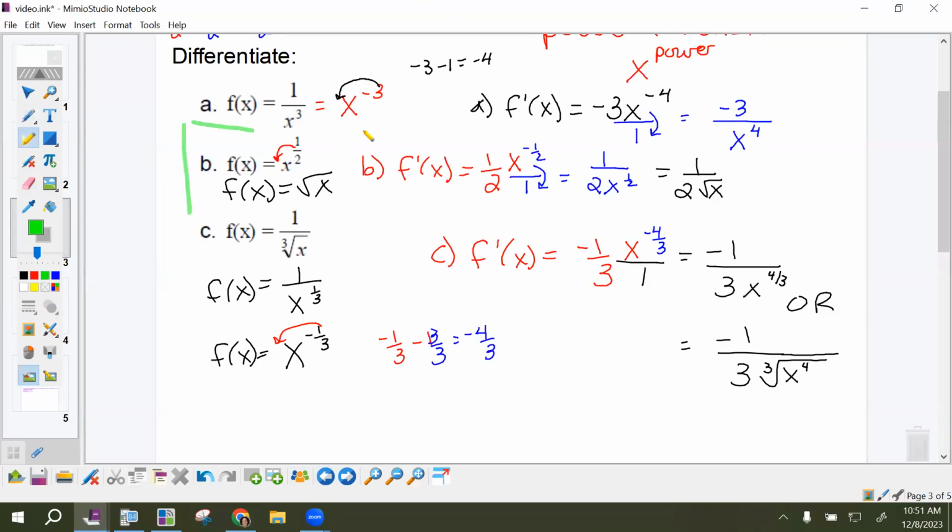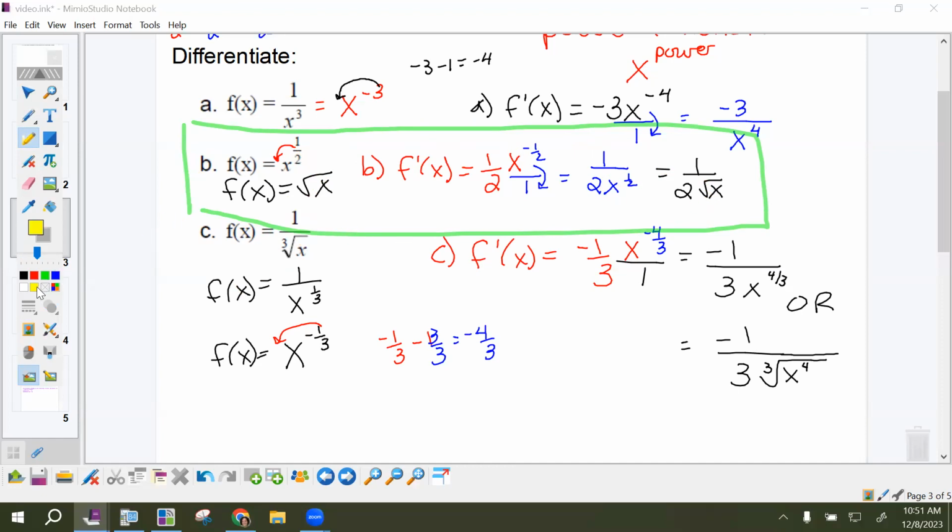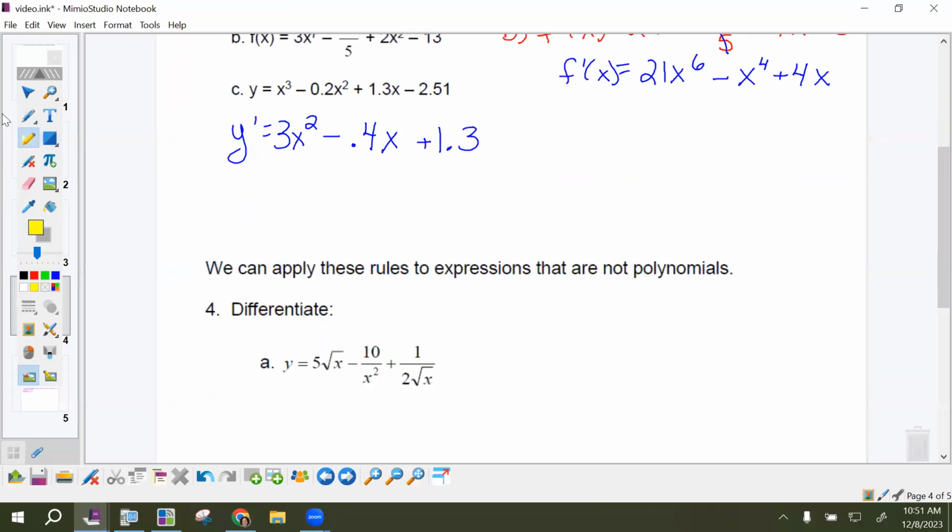This square root derivative: between making the radical into the 1/2 and then getting a negative power and then moving it back and then rewriting it as a radical, I like to memorize that the derivative of the square root of x will always be 1/2 root x. That's a good flashcard. That's a good note card rule.